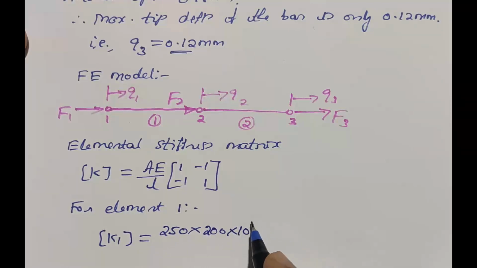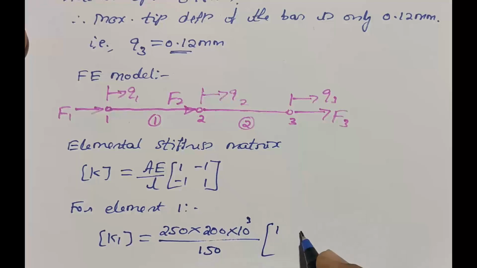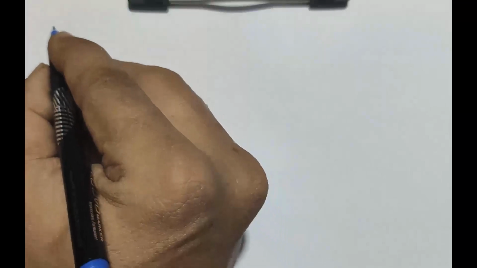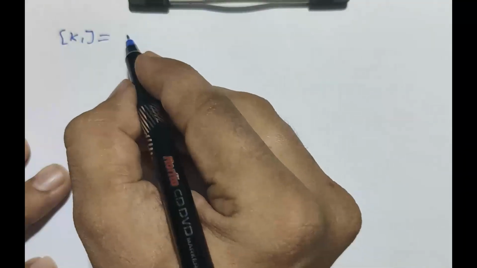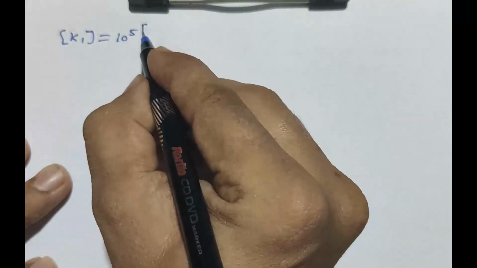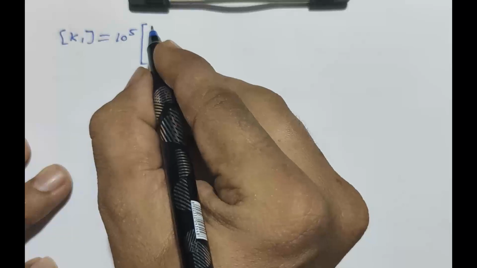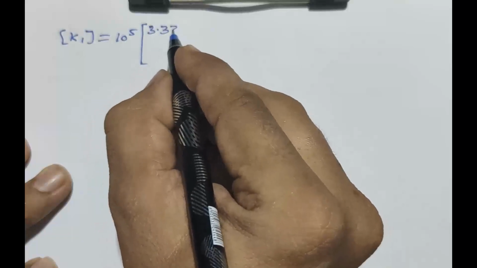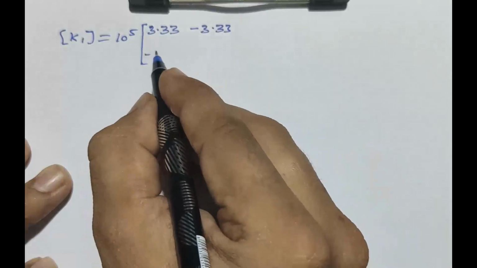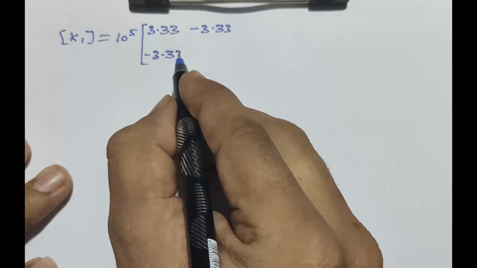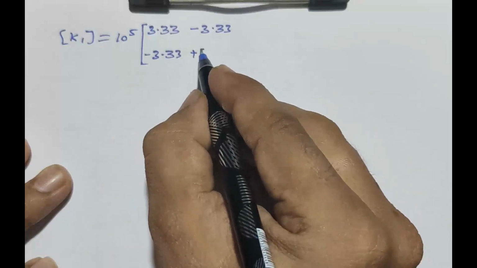You have to convert it into megapascal, 10 power 3, divided by the length, which is 150, times [1, -1; -1, 1]. After simplification we will get K1 is equal to 10 power 5 outside, and inside [3.33, -3.33; -3.33, 3.33].